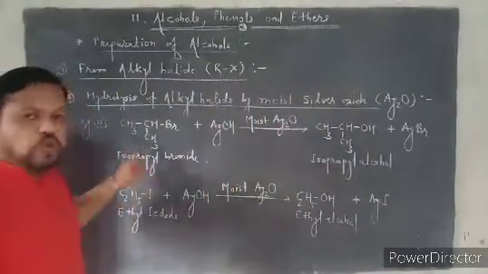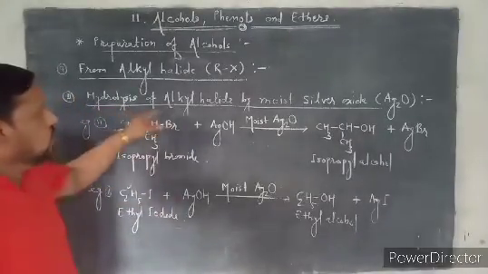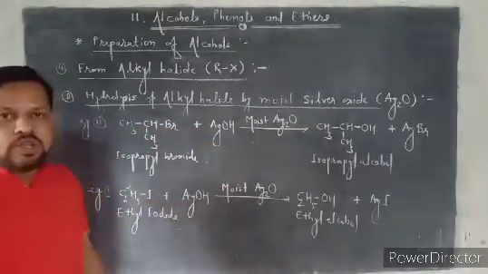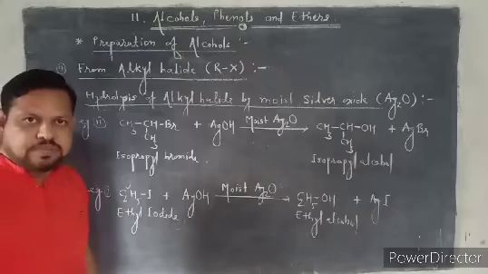Okay, these are the two examples of hydrolysis of alkyl halide by moist silver oxide.